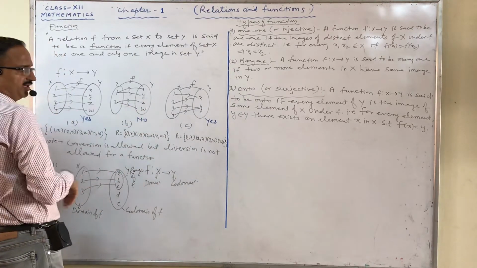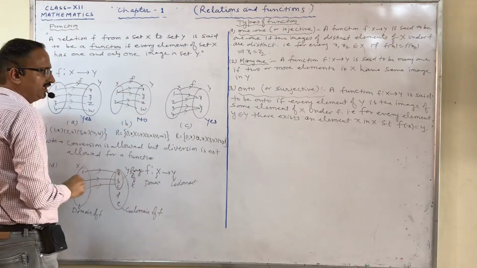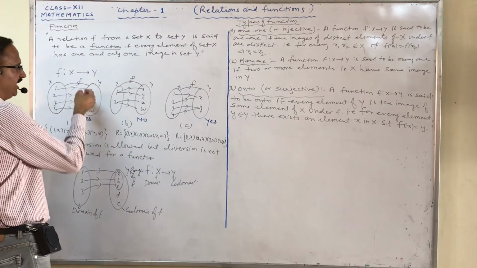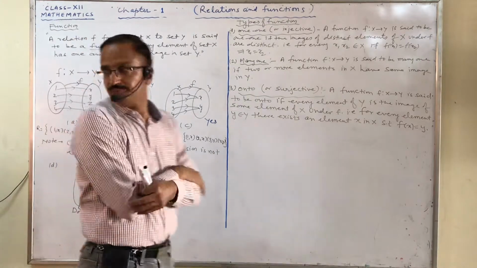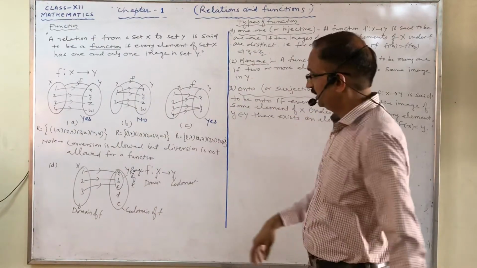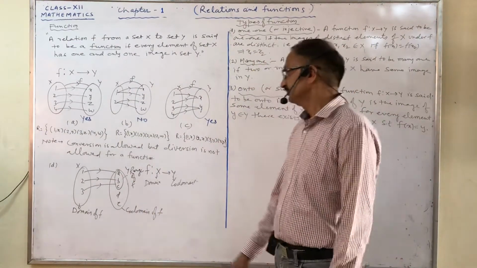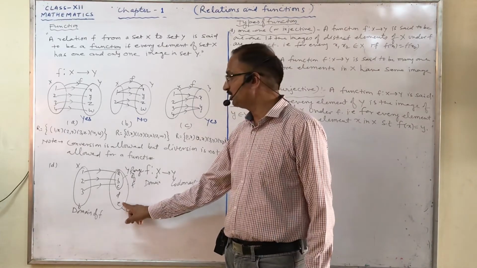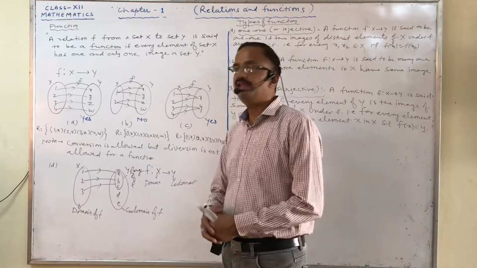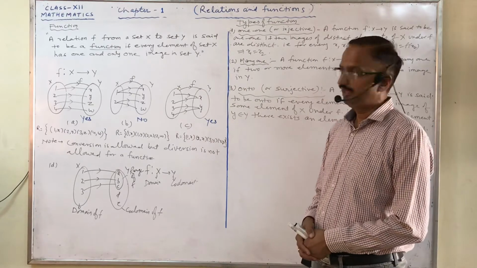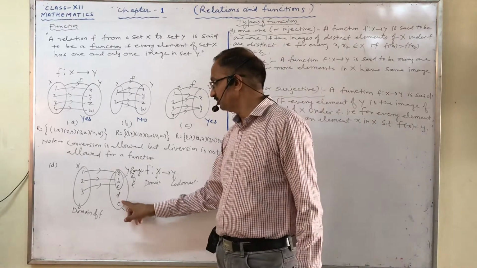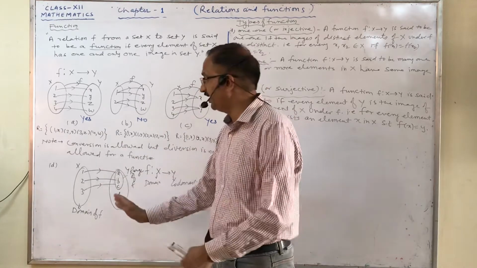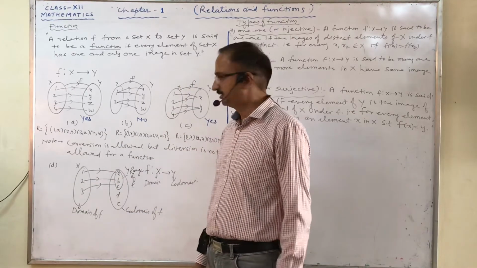In this also associated. But this is not a function, so leave this. In this, again all the elements are associated with some element of X. But look at this. In this, these two elements are not associated with any element of X. It means these two elements do not have any pre-image in X.